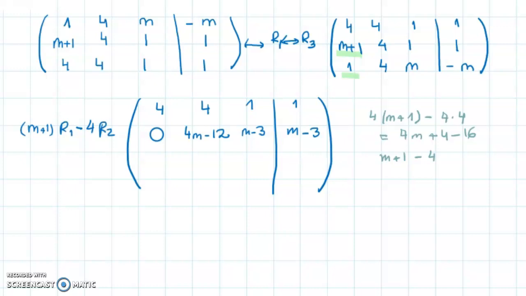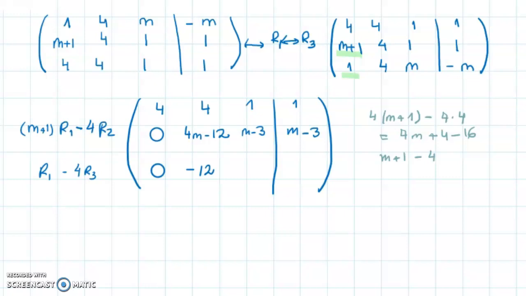I could write a new matrix for the next operation, but I can also write it here because it's going to be an operation that only affects the third row. I'm going to multiply the third row by negative 4, and I'm going to do the first row minus that to get 4 minus 4 is 0 on the first entry of the third row. And then I'm going to have 4 minus 16 for the next entry, so negative 12.